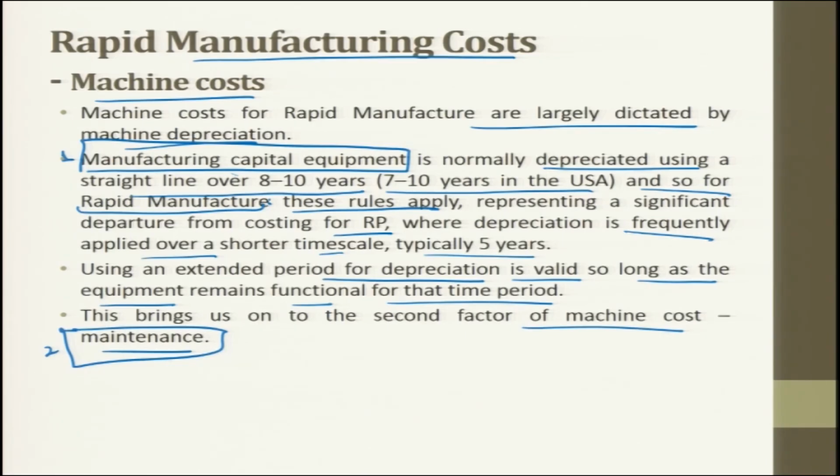Only some parts, for instance lasers, have to be replaced. So, rapid manufacturing costs need to factor in a full maintenance package, including the replacement of the lasers. Machine utilization is another area of discrepancy between cost in rapid prototyping and rapid manufacturing. To what factor are we utilizing the machines?